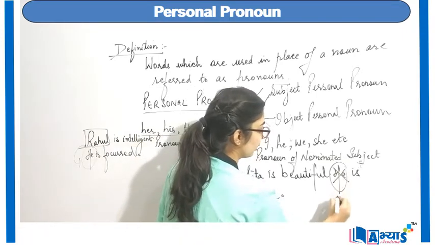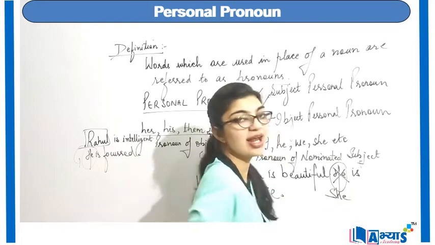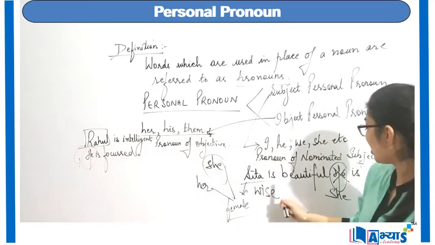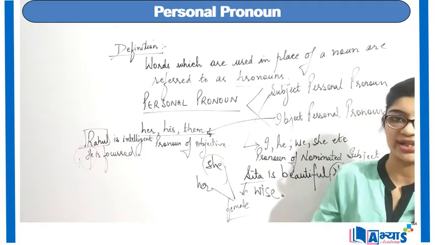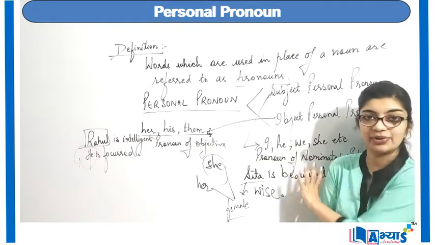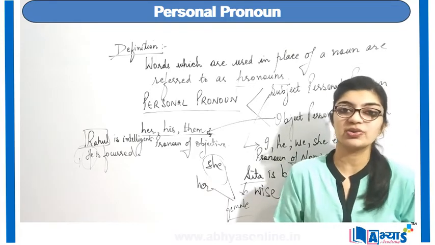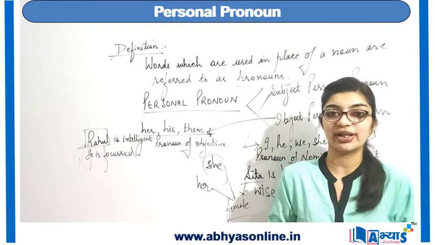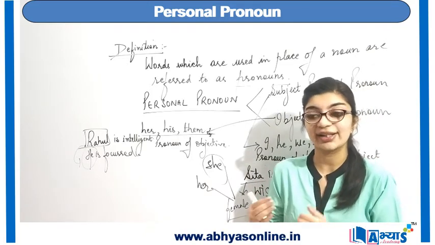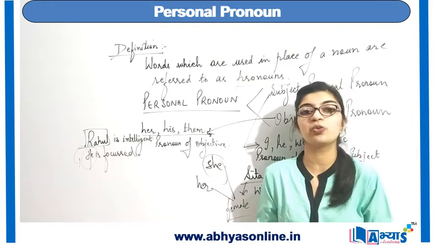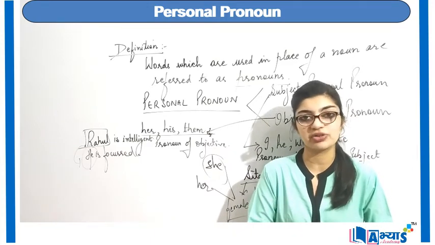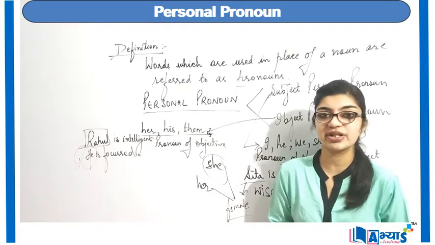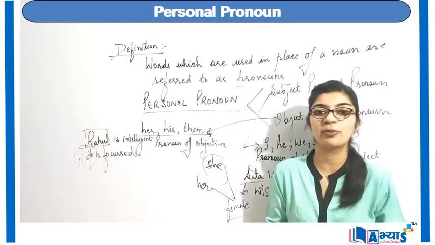So in place of he, I will say she is wise, which now makes my sentence correct. Sita is beautiful, she is wise. Through this example, I hope the rule of using pronoun is clear: first find out what gender of noun it is, and then accordingly replace that noun with the suitable pronoun of the suitable gender.